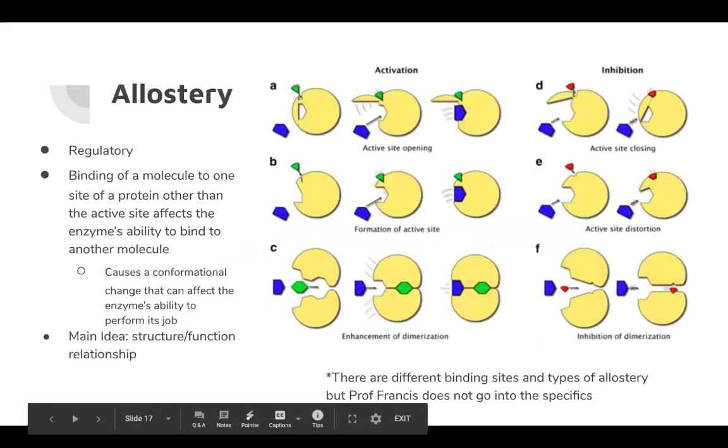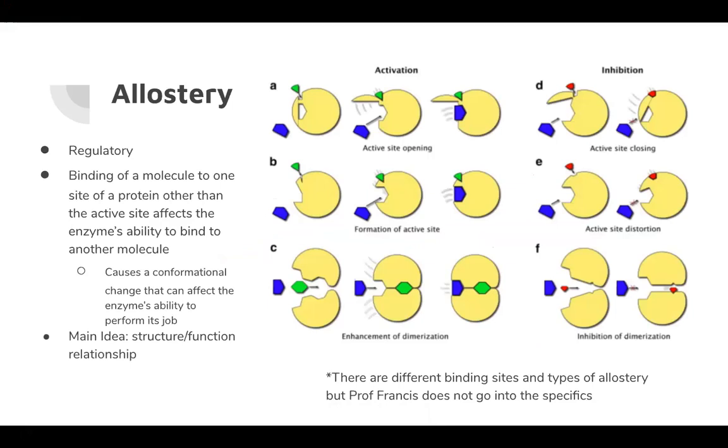May, you want to take away this slide? So we briefly talked about allostery. The main idea is that it's the binding of a molecule to one site of a protein other than the active site. If something binds to an enzyme not at the active site, that can sometimes induce a conformational shift. Say you had a Pac-Man shaped sponge.